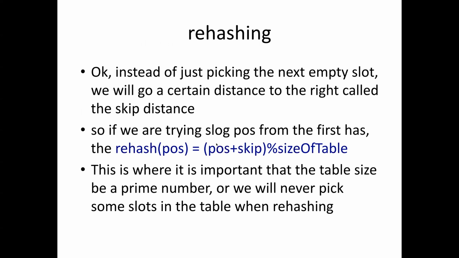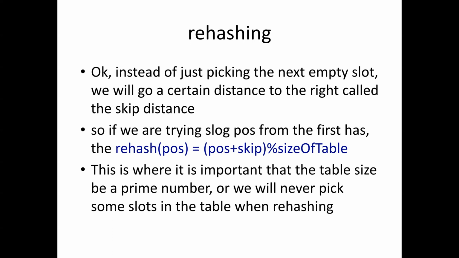Well, you can use rehashing. With rehashing, instead of just picking the next empty slot, we go a certain distance to the right called the skip distance. So we skip a certain distance and pick that slot. Basically, your rehashing is your position plus some fixed skip value, and you rehash again. This will help prevent clustering, right?